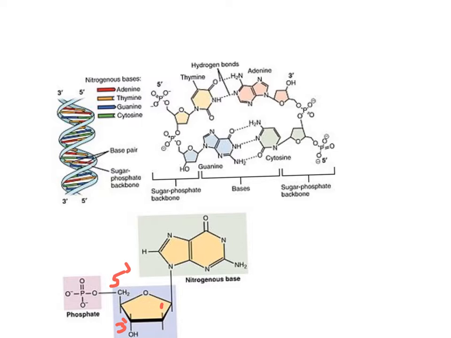So this polymer of DNA and this polymer of DNA are being held together by these hydrogen bonds. Between T and A, there are two hydrogen bonds. Between G and C, there are three hydrogen bonds. That'll be important later when we discuss more about DNA.